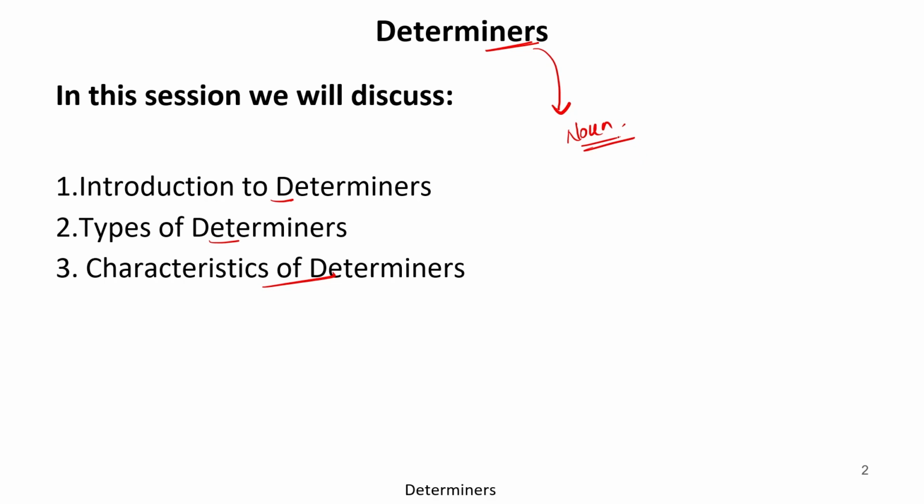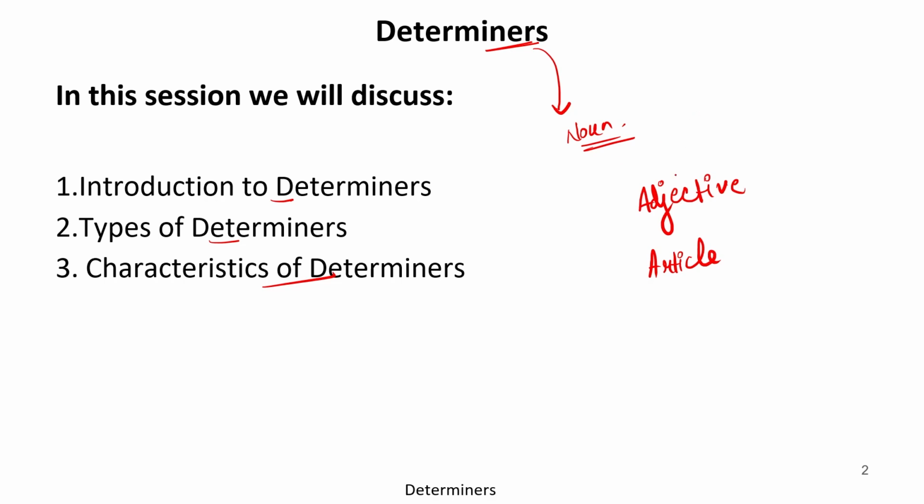And to modify nouns, we have already learned two more parts of speech or two more words. What were the words? That is adjective and the other is article. So we have read these two chapters as well. One is adjective and the other one is articles that we have already learned in our English syllabus.